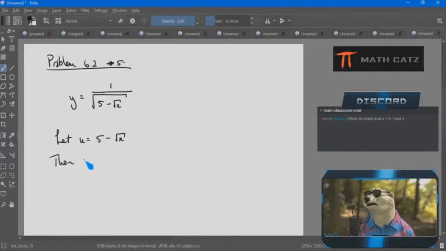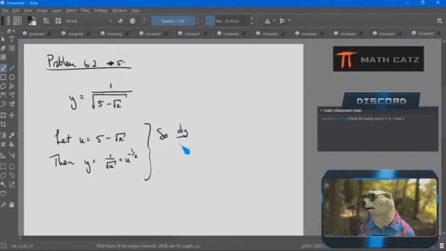As long as my outside function is simple enough, right? Oops, not f. So the outside function in this case is 1 over root u, which certainly is simple enough because I'm going to write that as u to the negative 1/2, which again, I hope you are comfortable with. Then we're ready to try.